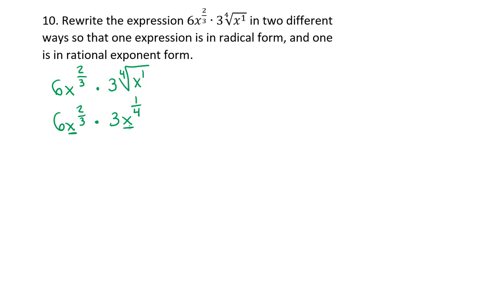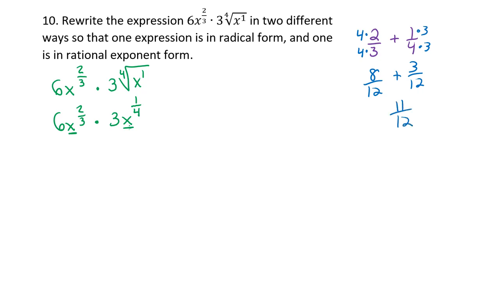So I'm going to go off to the side and do that math. I have 2 over 3 plus 1 over 4. I want like denominators, so I'm going to multiply this one by 4, top and bottom, and this one by 3, top and bottom. I'm multiplying by each other's denominators, which gives me 8 over 12 plus 3 over 12. So 8 plus 3 is 11 over 12.